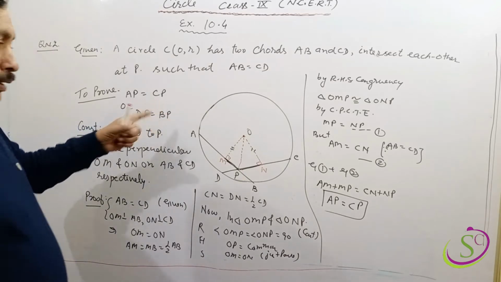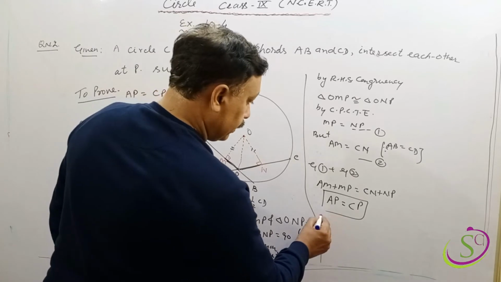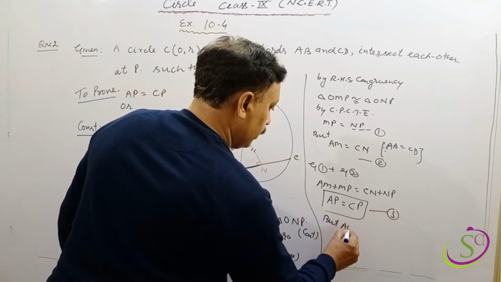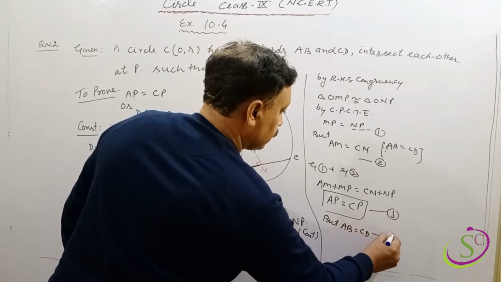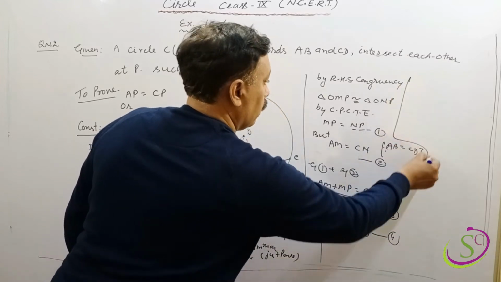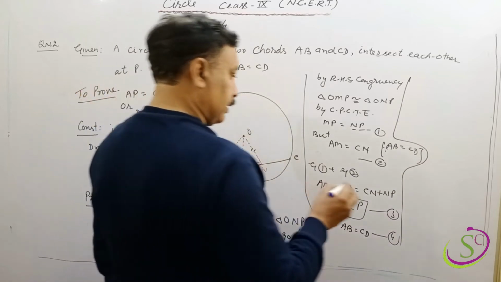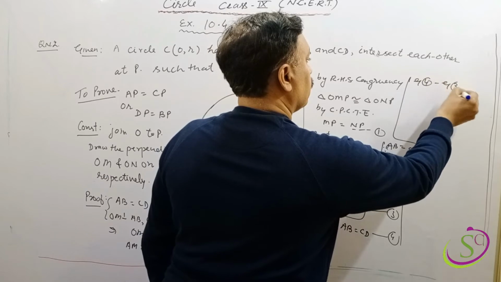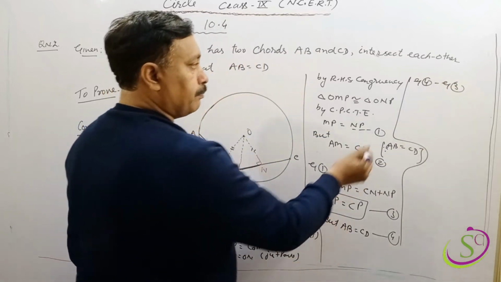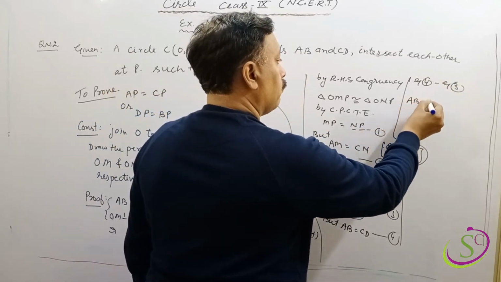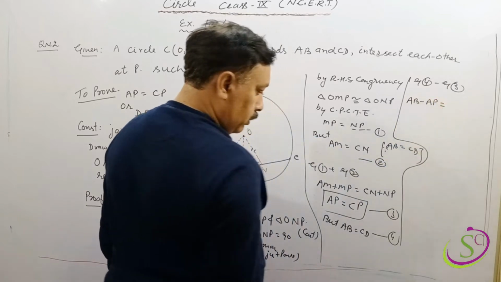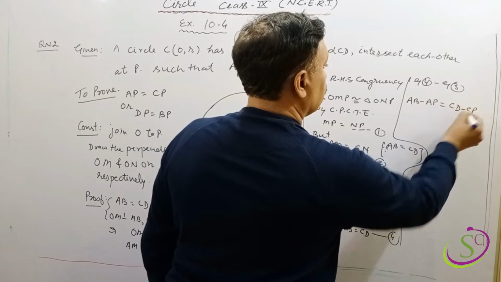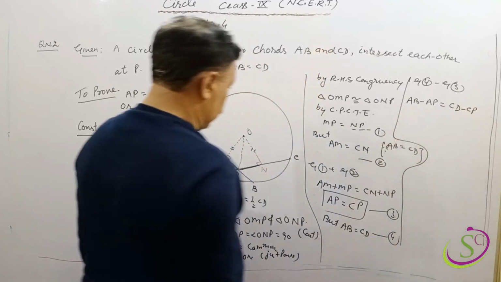When we subtract, this is 3, and AB equal to CD is 4. So now we subtract 3 from 4: AB minus AP will equal CD minus CP.